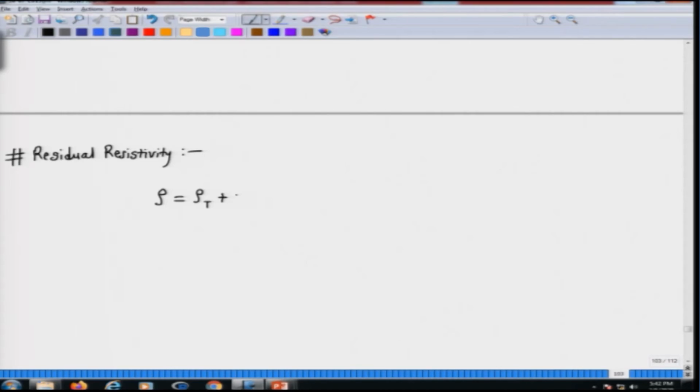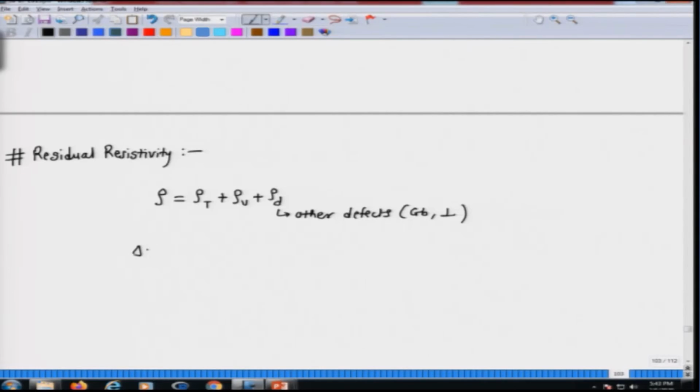Let us call the contribution from vacancy rho v, and rho d is because of the other defects, including grain boundary, dislocations, etc. Now, if we can measure the resistivity of the same piece of metal in two different conditions such that rho t and rho d are constant in the two conditions, but only rho v changes, then all the change in the resistivity is only because of the change in vacancy concentration.